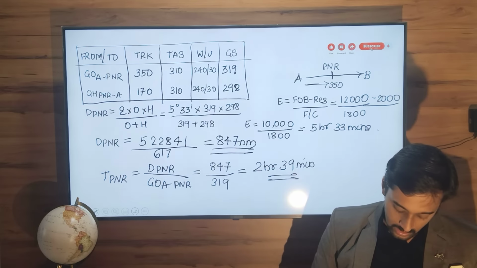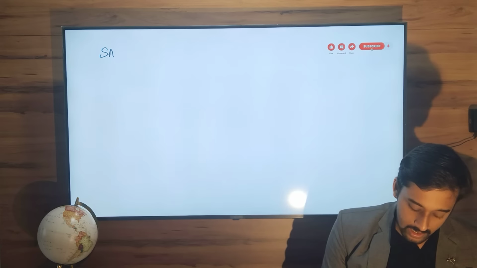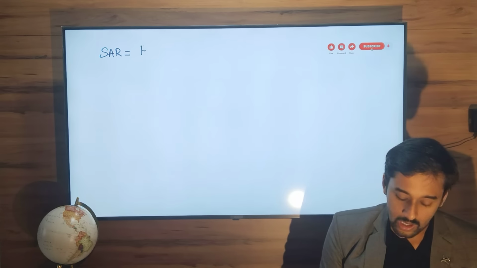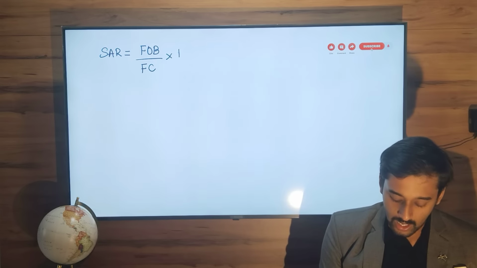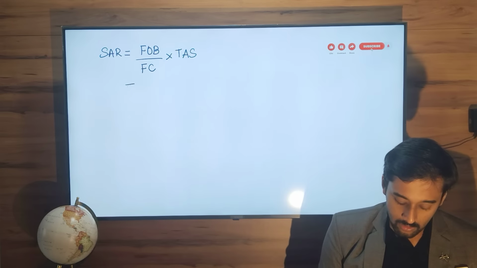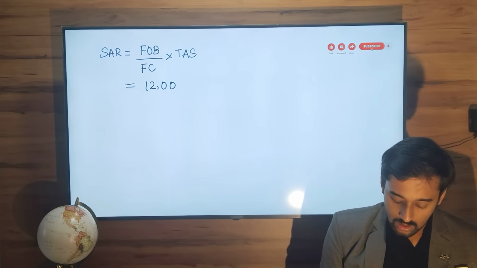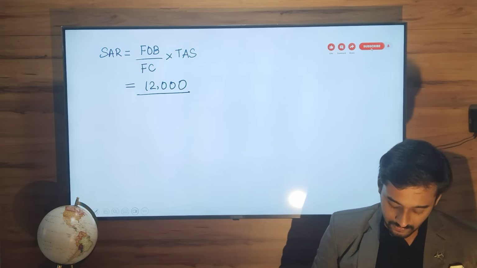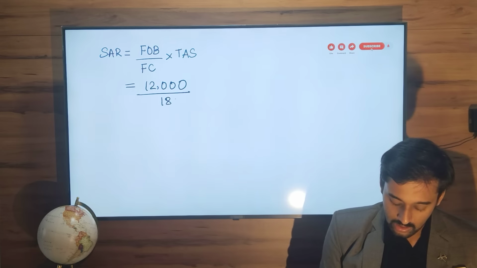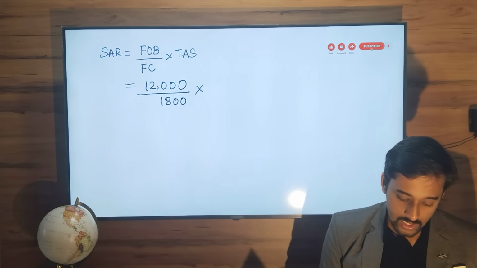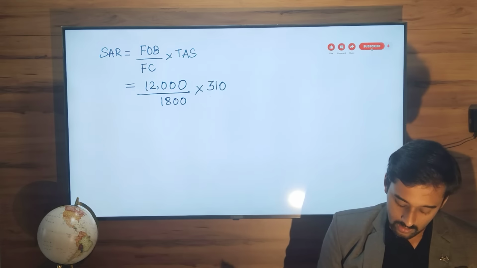Next, the last part of the question is to calculate still air range, which is fuel on board divided by fuel consumption into TAS. So fuel on board is 12,000, fuel consumption is 1,800, into TAS, which is 310.